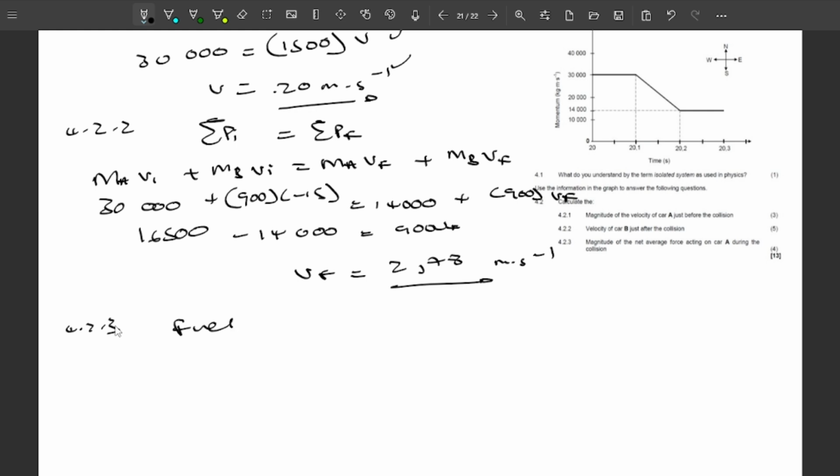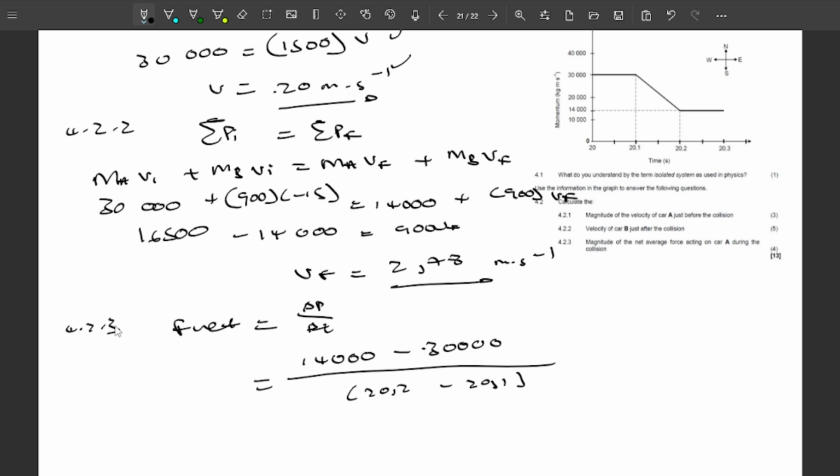The gradient gives you F net equals change in P over change in T. For car A during the collision, between this point, use the final momentum, 14,000 minus 30,000, divided by the change in T, which was 20.2 minus 20.1, and you should get 160,000 newtons, which is 160 kilonewtons.